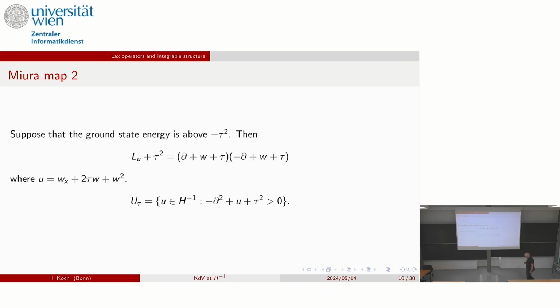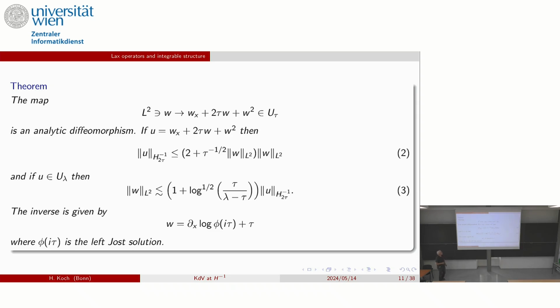So the main feature is the following. If you denote by U tau the set of all potentials such that the Lax operator plus tau squared is positive definite, then for those, you can find this W. And the interesting thing is that this map, which goes from W in L2 to H minus 1, U tau, that, how did I define that?